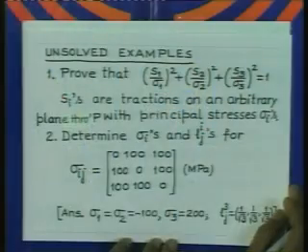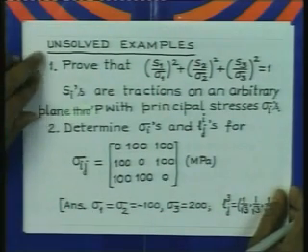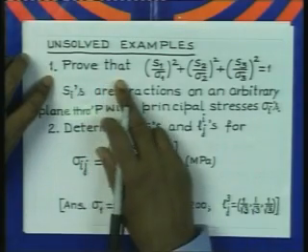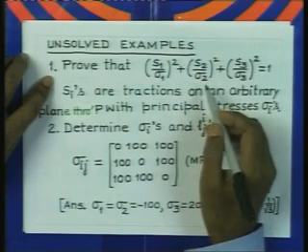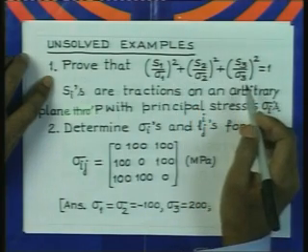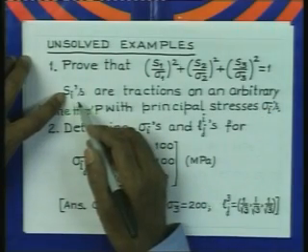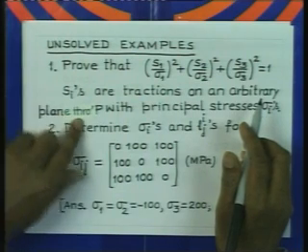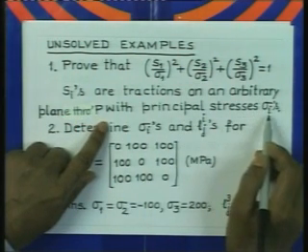You can now consider solving some problems yourself. Consider this example: prove that S1 by sigma 1 square plus S2 by sigma 2 square plus S3 by sigma 3 square equal to 1, where Si is the traction on an arbitrary plane through the point P with principal stresses sigma i.